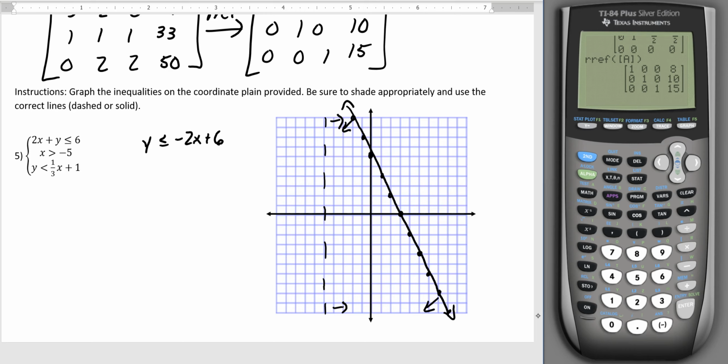And the last one, y is less than 1/3 x plus 1. And then I go up 1 and over 3, up 1 and over 3, down 1 and left 3. I need a dashed line here.